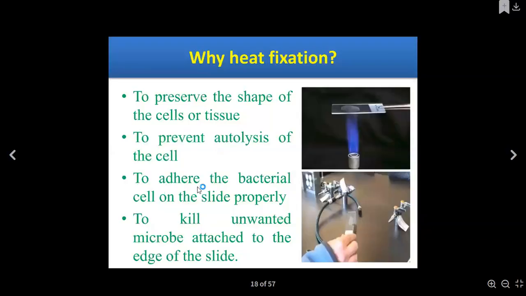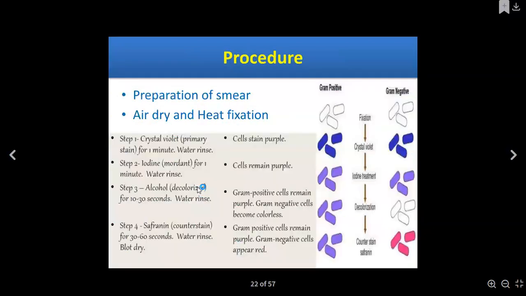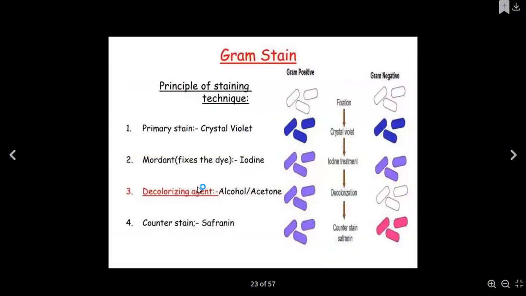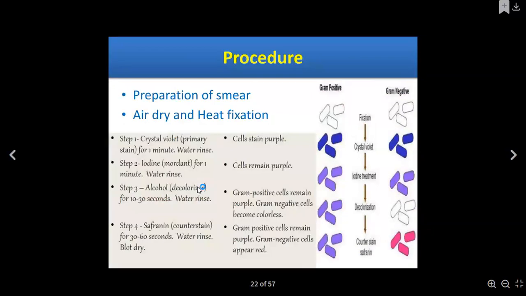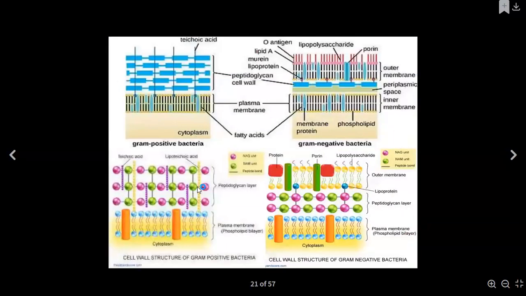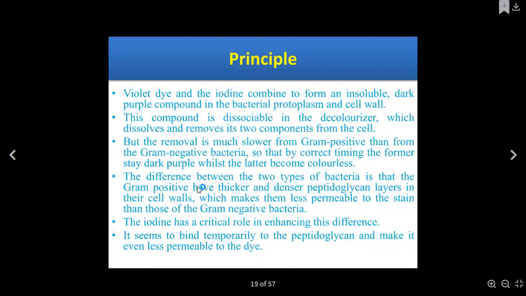Or as this decolorizing agent or decolorizer, when you have the alcohol or the acid, what does it do? It literally is, as I said, it will be harder to remove the dye from the thick peptidoglycan layer of gram positive as compared to the one of gram negative, right?